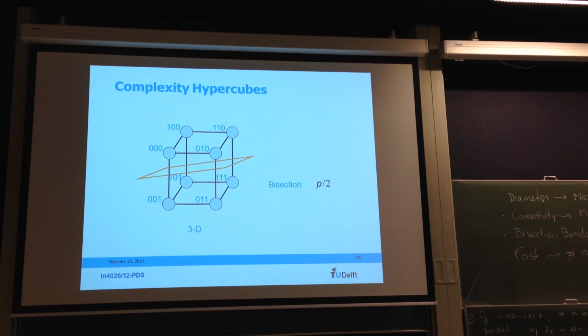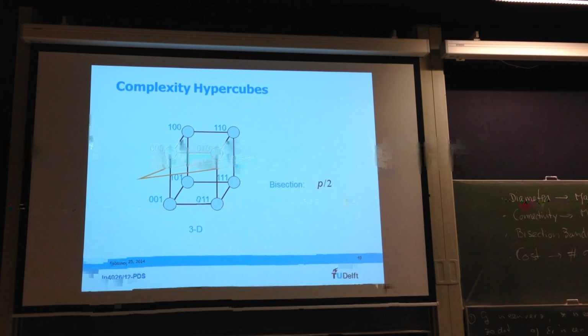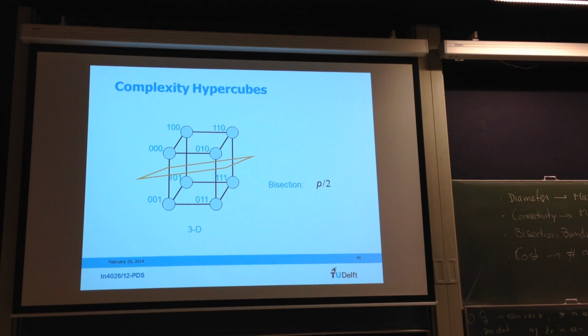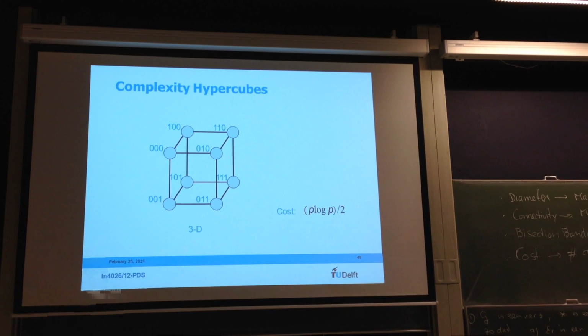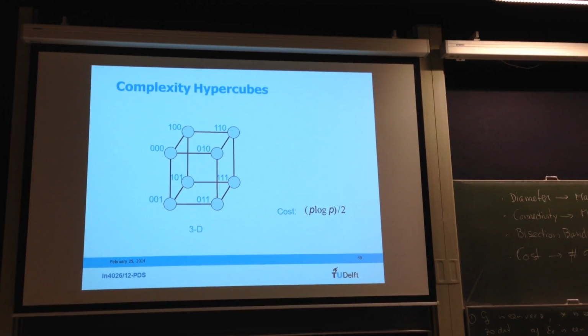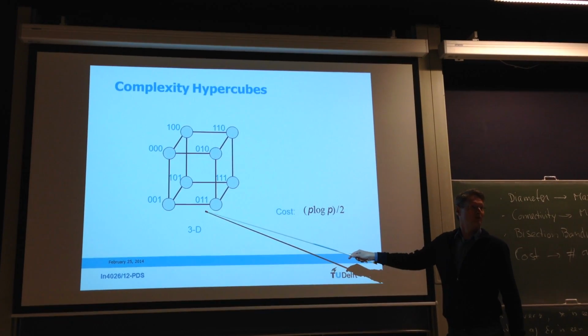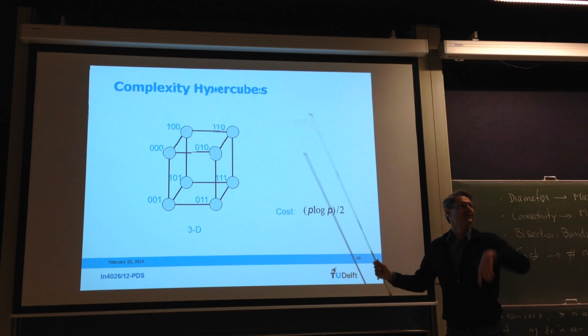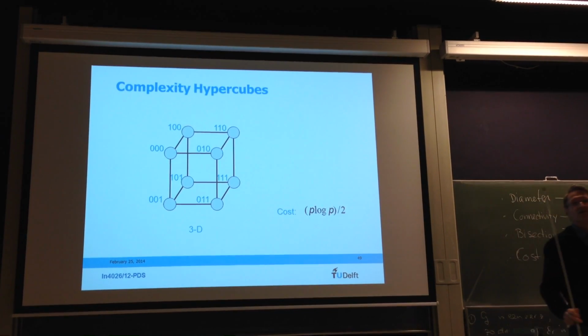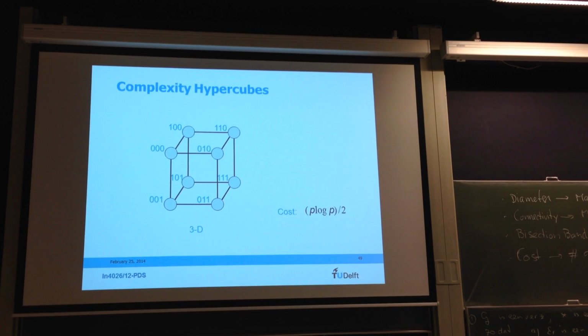Give me an order. Not the exact thing. P squared, P log P. P log P? Yeah? Probably right. Yeah. P log P divided by 2. Because you have P processors and everybody has log P connections, right? But they're going both ways, so you have to divide it again by 2, and then you arrive at this property.